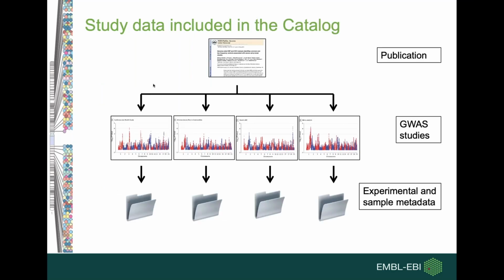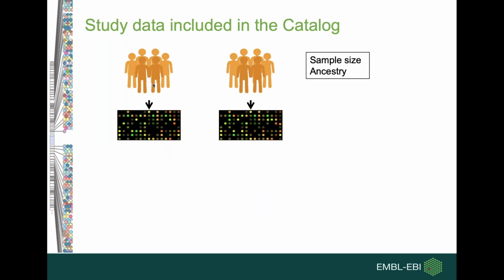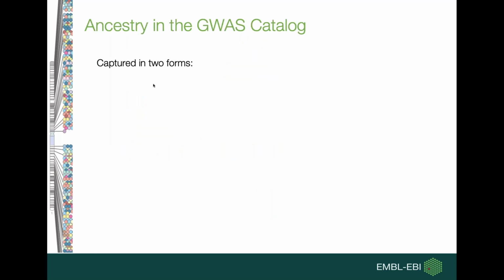The key basis for the data that we include in the catalogue is the publication. Each publication may contain multiple GWAS studies, and for each study, we record separate experimental and sample metadata. In terms of the population, we record sample size and ancestry, and I'm just going to quickly talk a bit about how we represent ancestry in the catalogue.